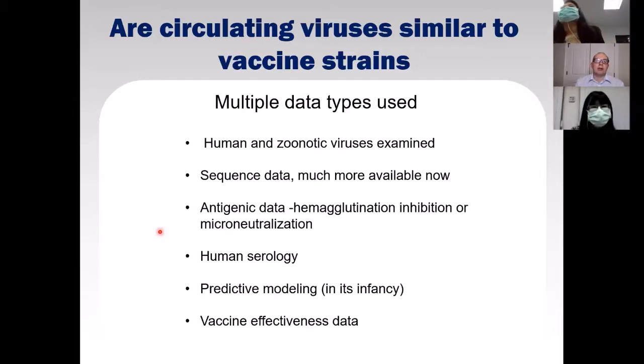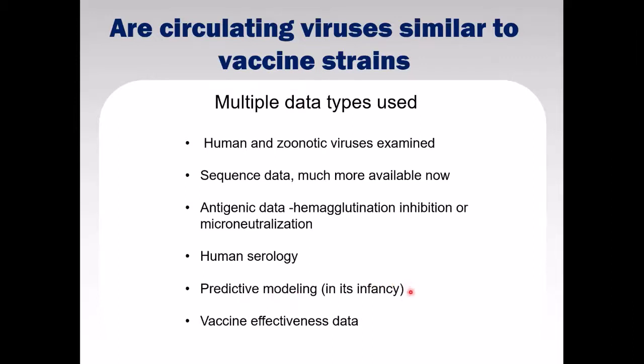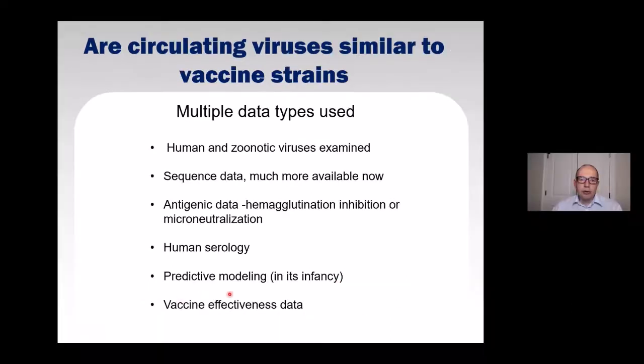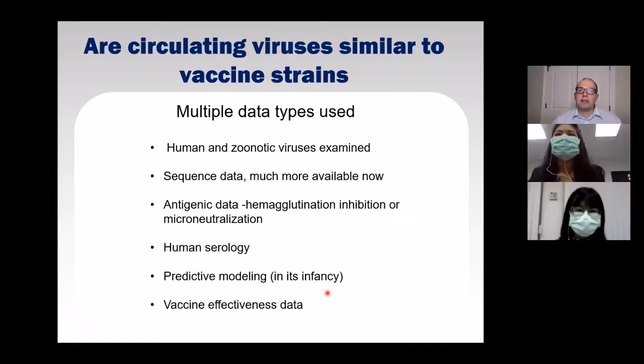Again, these ask the question, from the point of view of antibodies, have these viruses changed and how antibodies recognize them? There are some human serology data done. There's some predictive modeling that is now being brought into this decision as well. These models are still learning, they're still being developed, but I think will become more important over time. And we also look at vaccine effectiveness data as well. So look at the previous season, how well did these vaccines do?